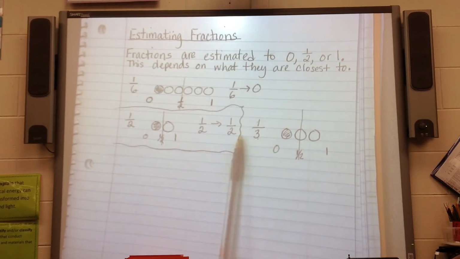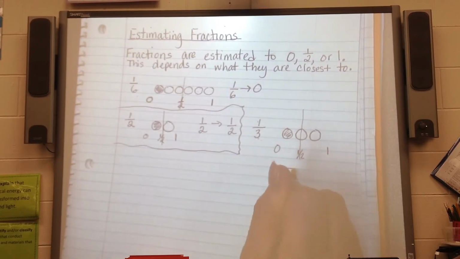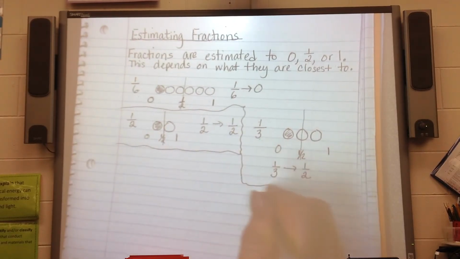So in this case, 1/3, if I were going to round it, I probably would say it's about 1/2. But I could also say, for some of my fractions, that they're about 0 too. Some fractions are right in the middle, and they kind of go either way. Like 1/4 is right in the middle, and it could kind of go either way. I'll show you that one too.